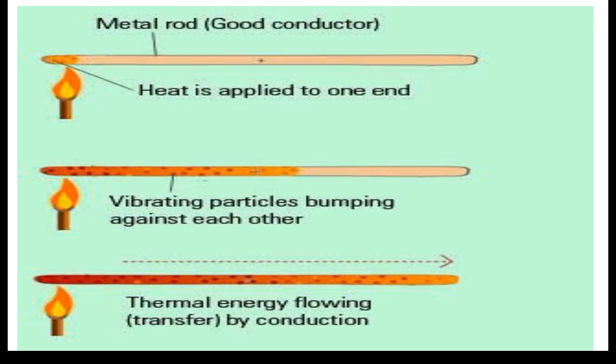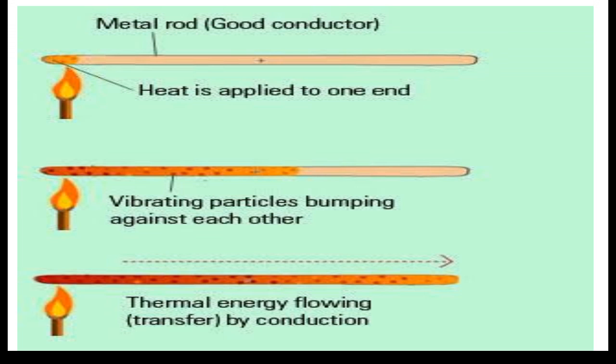So conduction happens when two things are directly in contact, one hot and one cold. And in conduction, listen carefully, the molecules of the medium do not move, only the heat flows from hot to cold. This is the speciality of conduction.